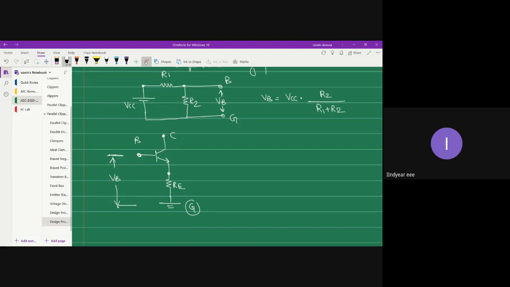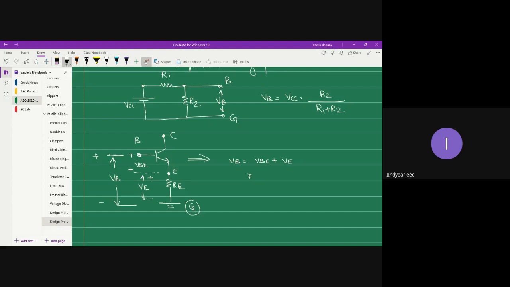Now, base to ground voltage is nothing but base to emitter voltage, VBE, plus emitter to ground voltage, VE. This is minus, this is plus, because ground is always at lower potential. Between base and emitter, your base will be at higher potential and your emitter at lower potential. So VB is base to emitter plus emitter to ground, which is VE.